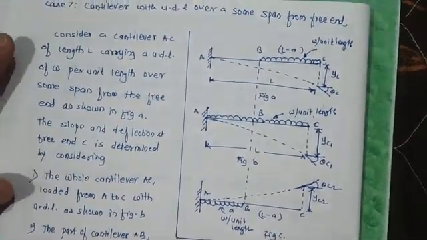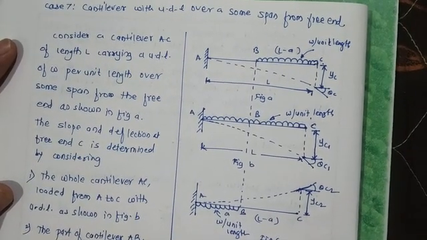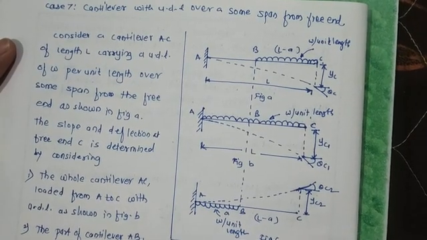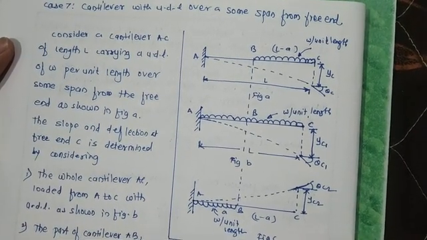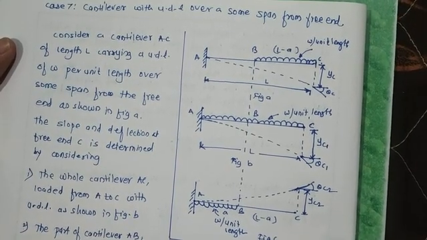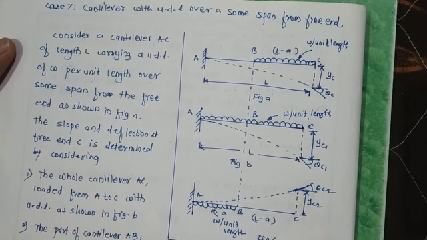Consider a cantilever AC of length L carrying a uniformly distributed load of W per unit length over some span from the free end, as shown in figure A. The slope and deflection at free end C is determined by considering two conditions.